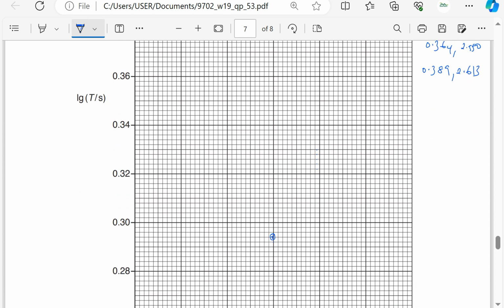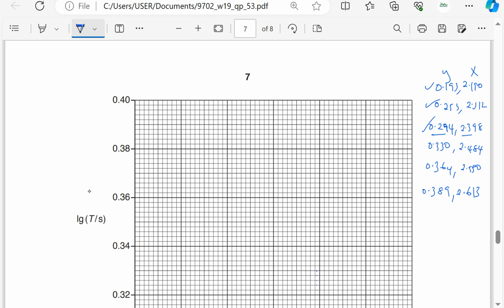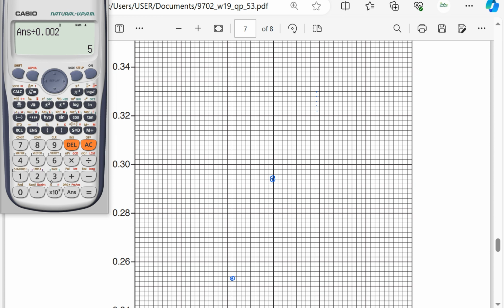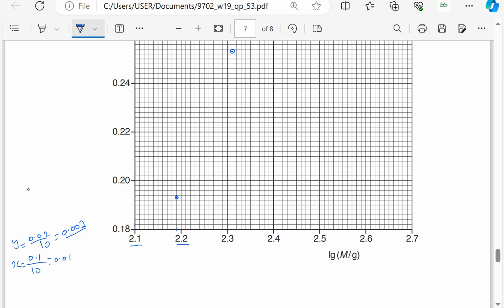Okay. But then on the x-axis, I have 2.484.